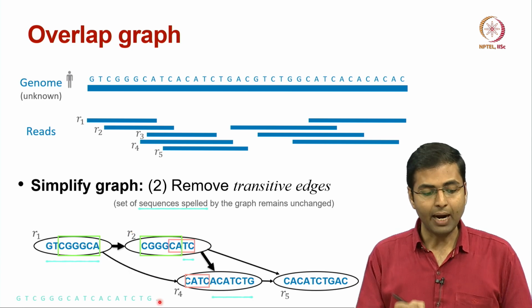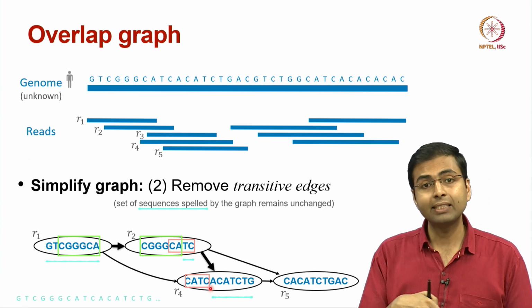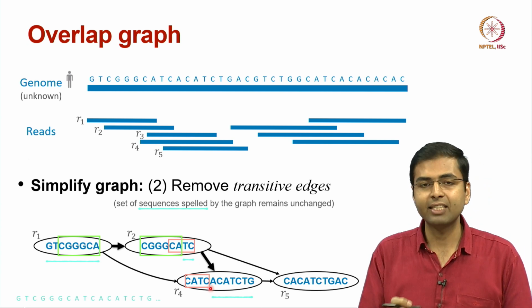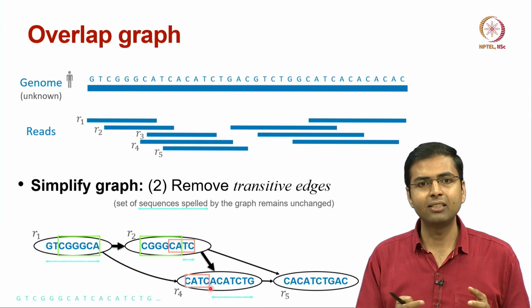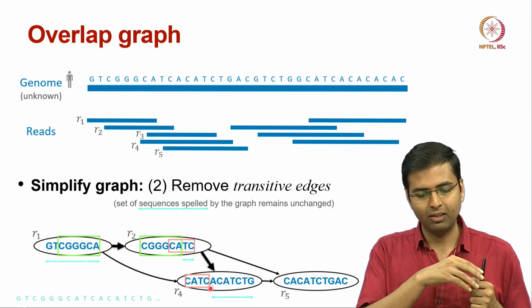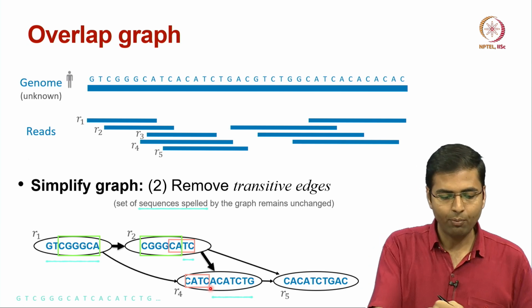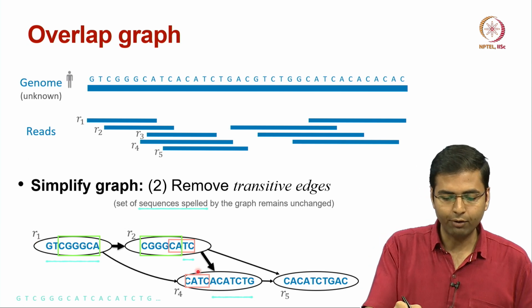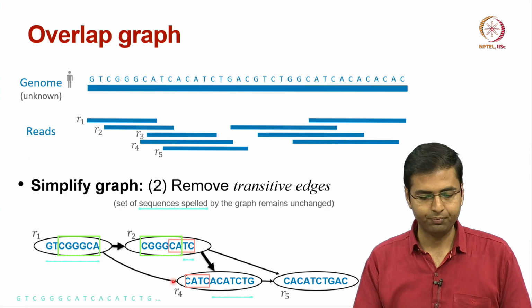And if you consider path R1 R2 R4, the longer path, then the sequence being spelled remains the same. So, it is a transitive edge: you can represent the same information by moving from R1 to R2 to R4, as well as spell the same sequence moving from R1 to R4.